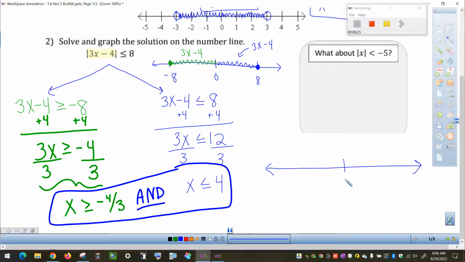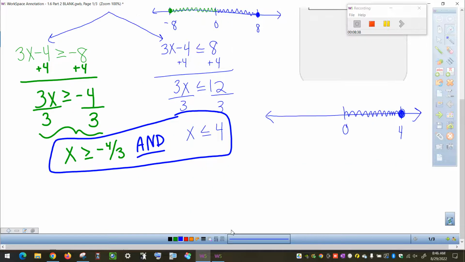Now let's see what that would look like here on the number line. So less than or equal to 4 would be all of the x values over here. Negative 4/3, that's the same thing as negative 1 and 1/3. So it's approximately negative 1.333.